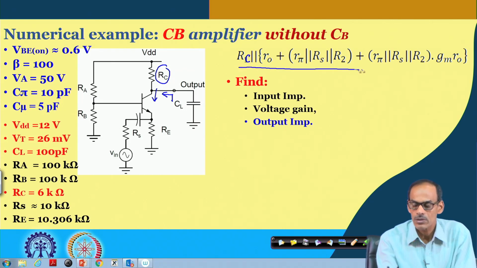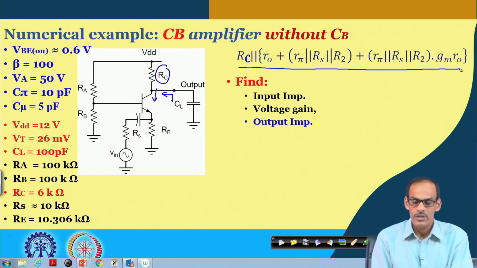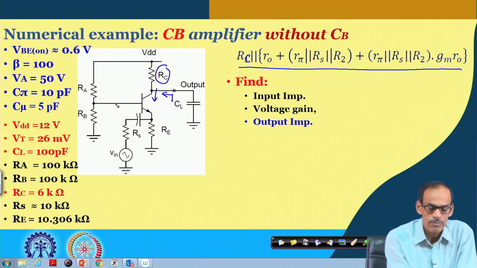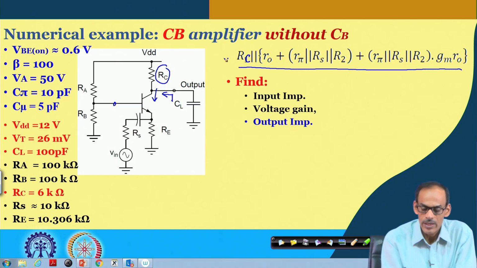This is the expression we already derived in our previous classes, and there we assumed that the base node was AC ground. If you consider the same expression, we can get the output impedance.